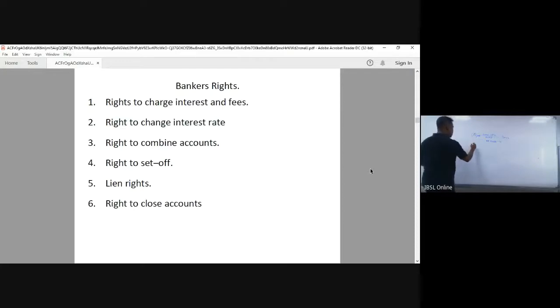This person again obtained another loan. Say this time he obtained another loan, loan number 2, for 1 million in 2021. But no security this time, no collateral.